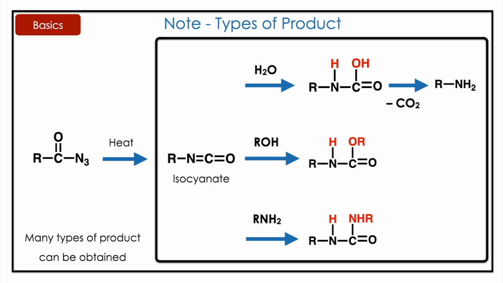If you use alcohol, it's a simple addition reaction at carbon and nitrogen, and you end up with an ester, a carbamate. Then if you use amine, you end up with a urea derivative. So you can tune the products with three different reagents: water, alcohol or amine, or any nucleophile can form the product, depending on the reaction conditions.